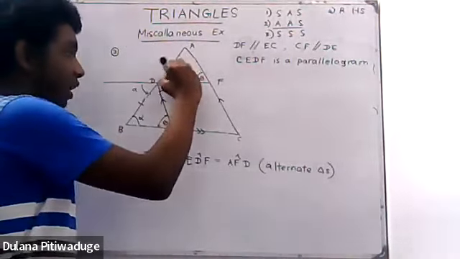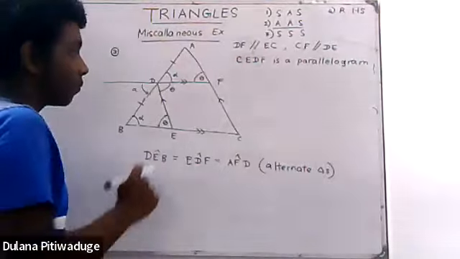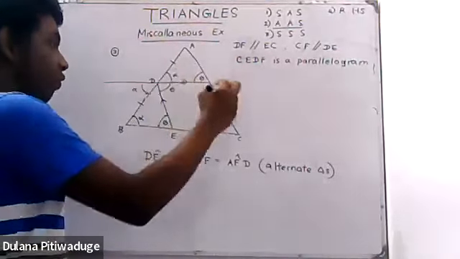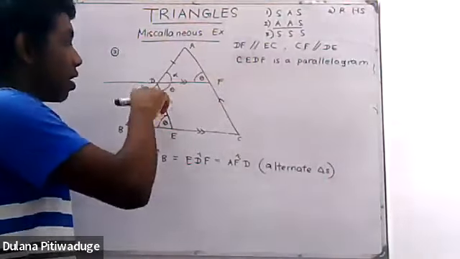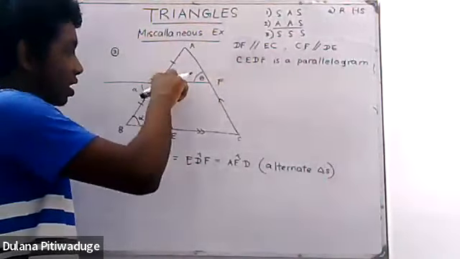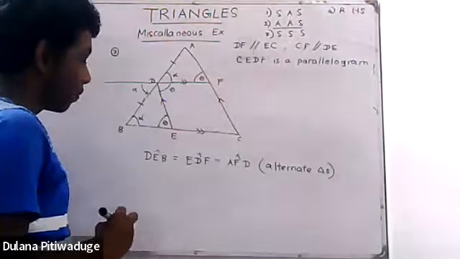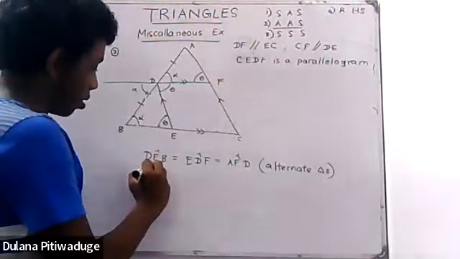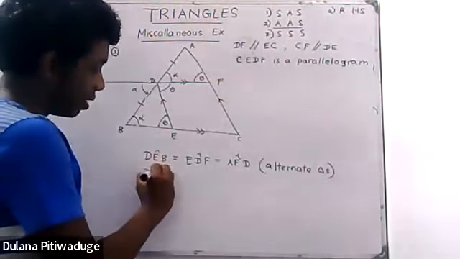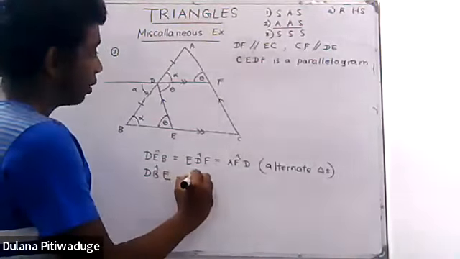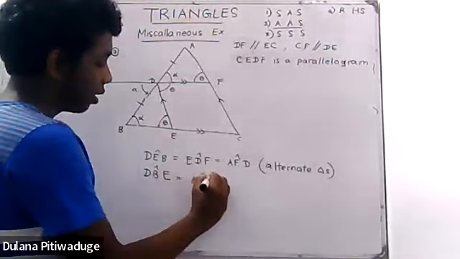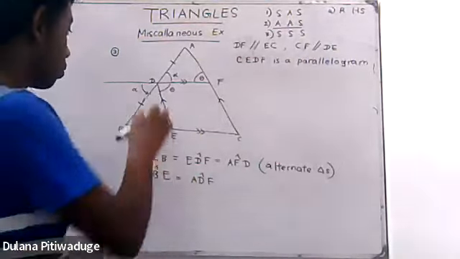So definitely this angle is alpha by the theorem of vertically opposite angles. These two lines are intersected, these two are opposite angles, then this angle is alpha. Then angle DBE is equal to angle ADF.